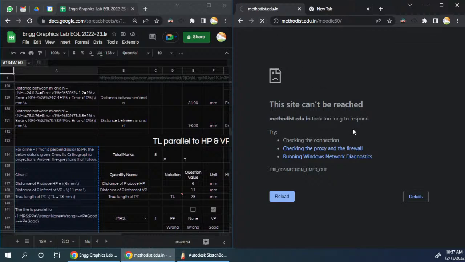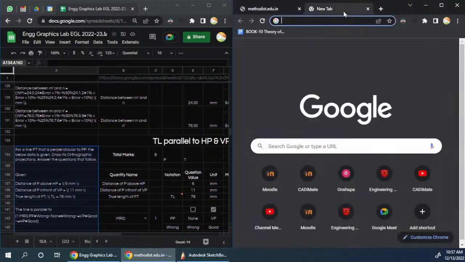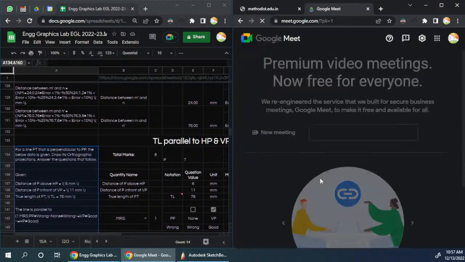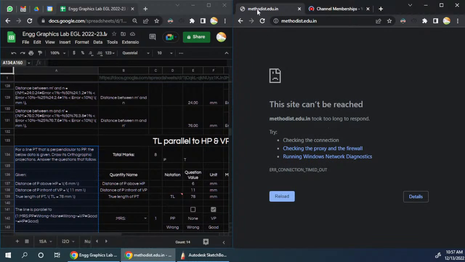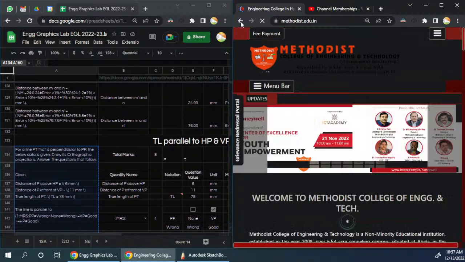Come on, load up. It's working properly, but the college website is not opening as we lost connection to the internet. Not sure. Other things are loading up fine, as the problem is with our server.